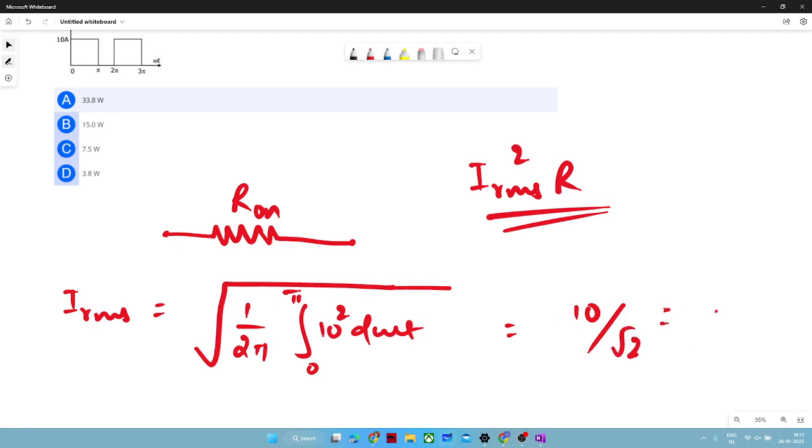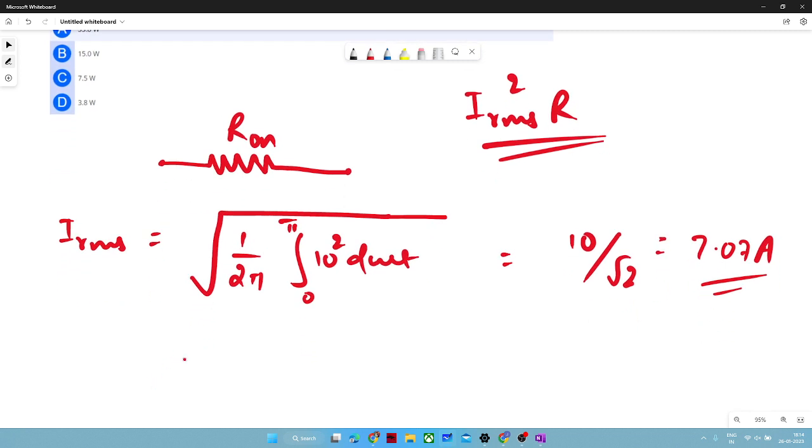So it will come out to be 10 by root 2, that is 7.07 ampere of RMS current flowing, and if we square it, we will get about 50.